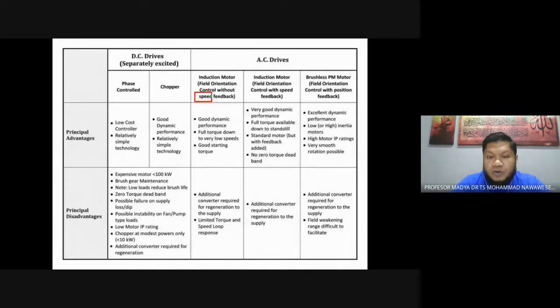Right, three types. So the principal advantages and disadvantages: a converter is required for generation to the supply, limited torque and speed loop correspondence, and an additional converter required for generation to the supply. So these are among the advantages and disadvantages of both DC and AC drive.